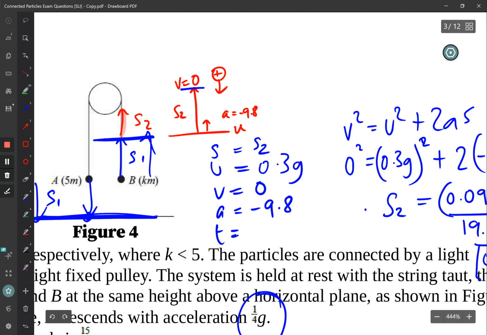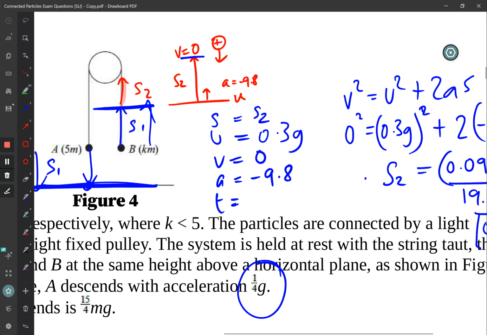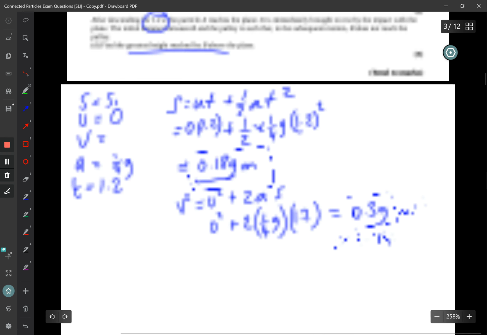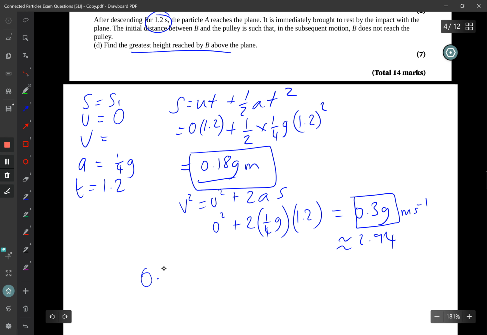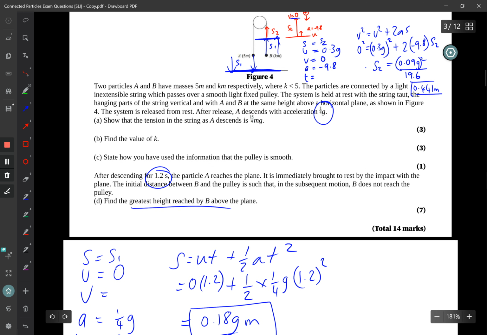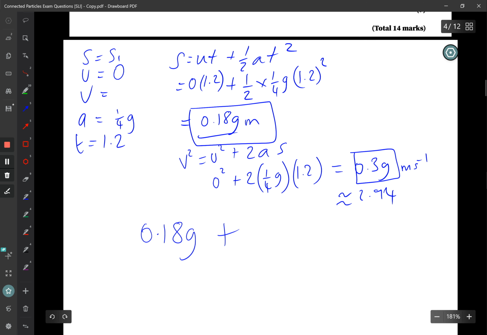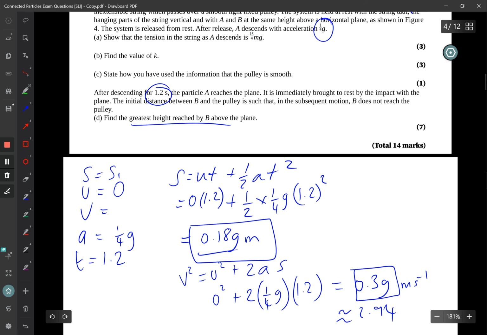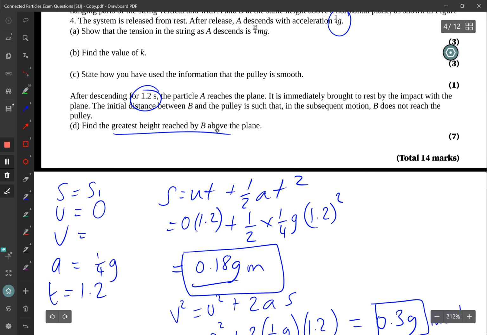So we found S2 and you found S1 from part 1, so then you just add them together. So it's going to be 0.18 g plus 0.441. Now, this is the tricky part of the question, which students will forget, is actually asking you the greatest height above the plane.